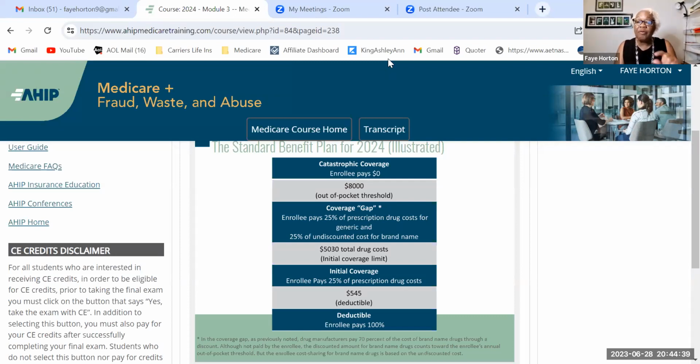Most plans will have co-pays for all of the tiers except 5 and 6; they will have co-insurance. After the initial coverage phase, you're in the coverage gap, where the enrollee pays 25% and the manufacturer pays their portion. Together, when it equals $8,000, they're in the catastrophic coverage, and the enrollee pays $0.